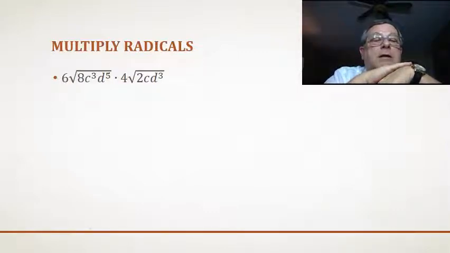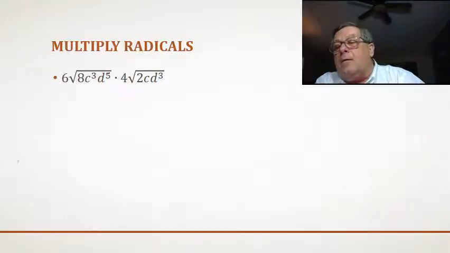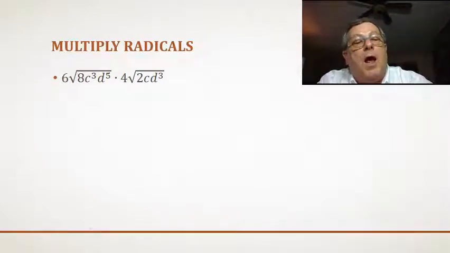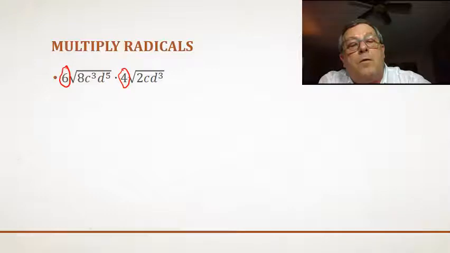6 times the square root of 8c cubed d to the 5th times 4 square root of 2cd cubed. Now, our process here is we are going to be multiplying everything outside the radical. We're going to be multiplying this 6 times this 4.